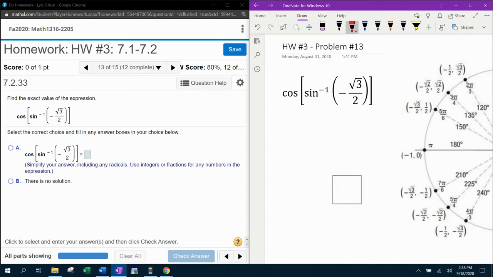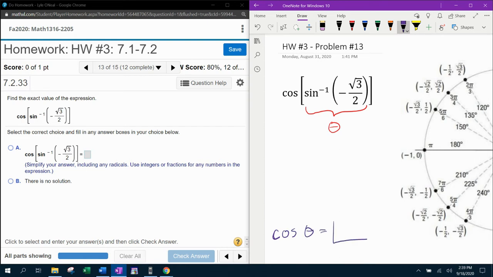So what I want you to realize is that inside the brackets, we have an inverse sine. Remember that an inverse trig function is an angle. Remember, it always produces an angle. So really, what we're trying to find is cosine of theta.